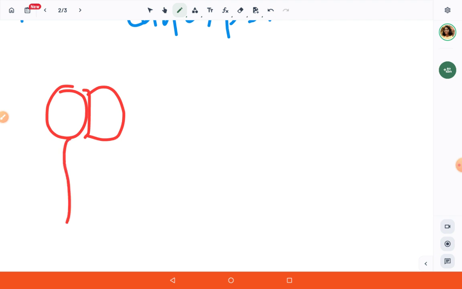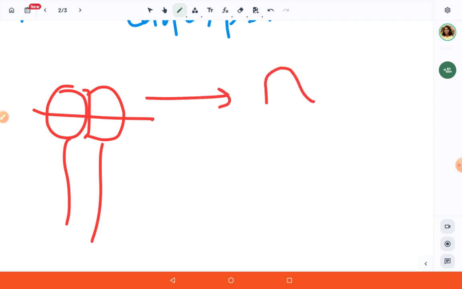This is the filament which was going. Now if I bisect this anther, then I'll see 4 lobes. 4 lobules are there.